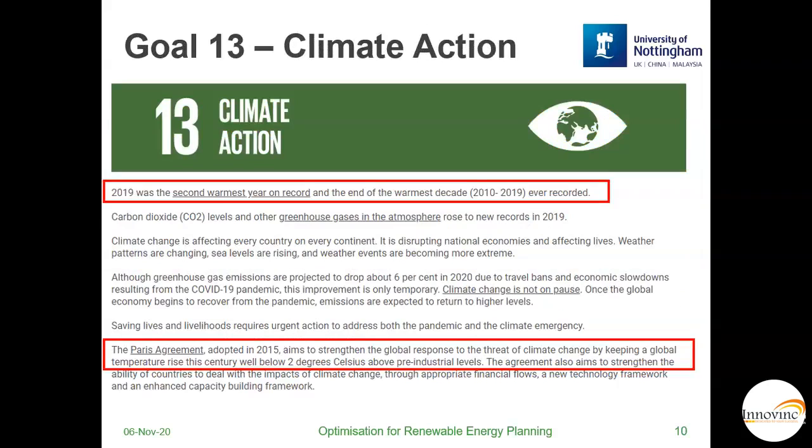Goal 13 is on climate change. If you visit the United Nations website, you can see that it says this is the second warmest year on record in the last decade.